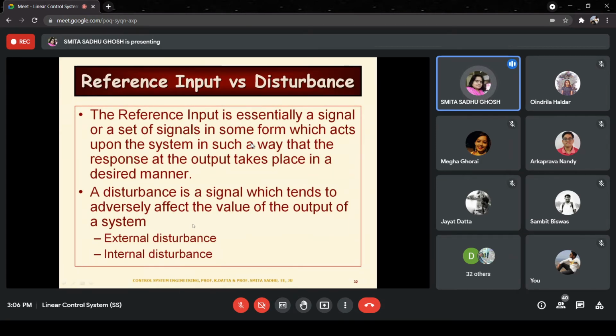Often you also find the term noise being used for an external disturbance. That is a standard thing that people do. Noises are external disturbances which affect the system. On the other hand, parametric changes which are taking place within the system are termed as internal disturbances.